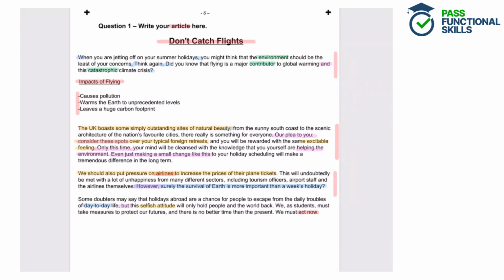So as well as being cohesive and joined up really effectively, you need to use appropriate language and register in your answers. So your answers need to have the right kind of tone and style to match the reader that it is aimed at. So this answer is very much suited to the purpose because it explores the issue of how flights impact the environment throughout.